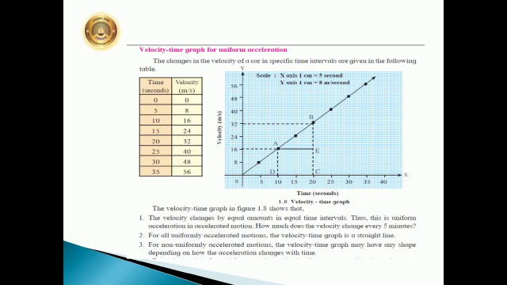And similar to the example of the train, the distance covered is given by the area of a quadrangle. You have studied what a quadrangle is in your mathematics. So this is homework for you. Just check this out.